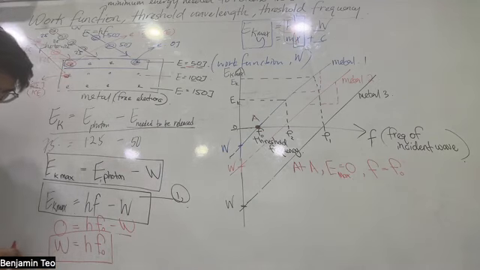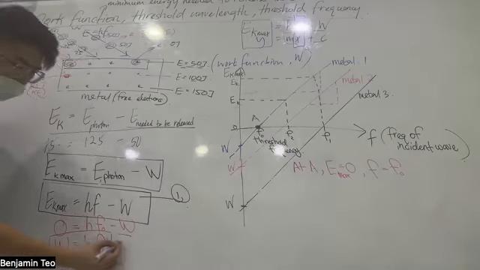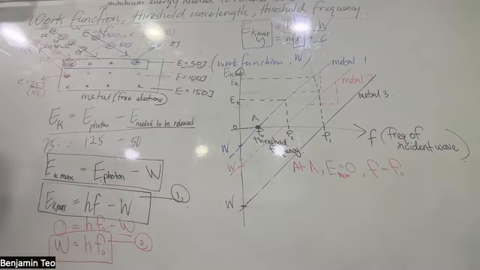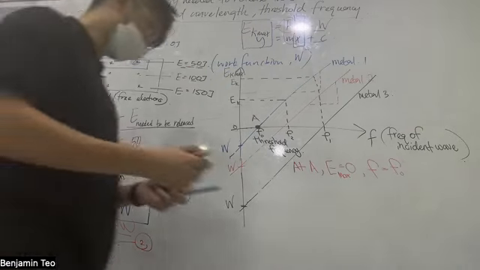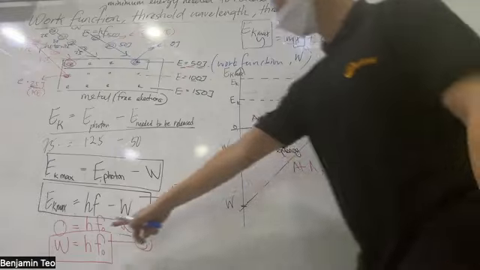This is your work function formula, Planck constant times your threshold frequency. This is your number 2 formula. OK, formula number 1, formula number 2. All this you need in your calculation.